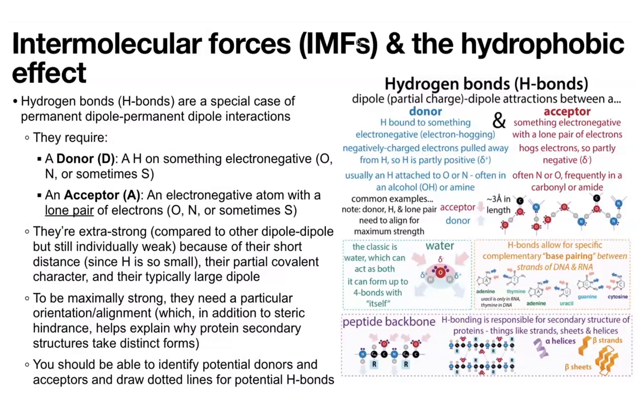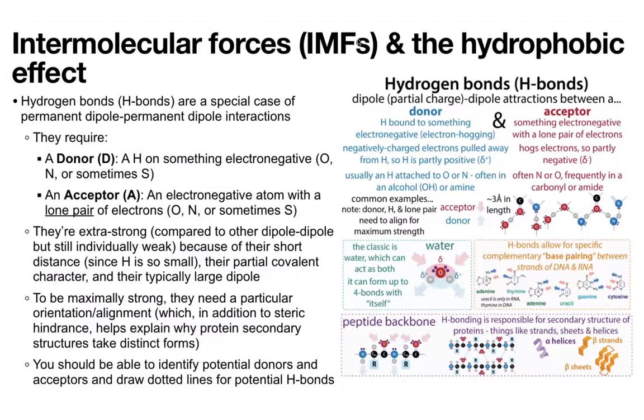But again, sulfur is kind of weird for this. Normally what you're going to be seeing is an oxygen or a nitrogen. We're going to be looking for things like a carbonyl or an amide. Remember that they need that lone pair. So if that lone pair isn't available, if that lone pair is tied up in resonance, then you're not going to be able to act as an acceptor, even if you could still contribute to the polarity of a molecule.